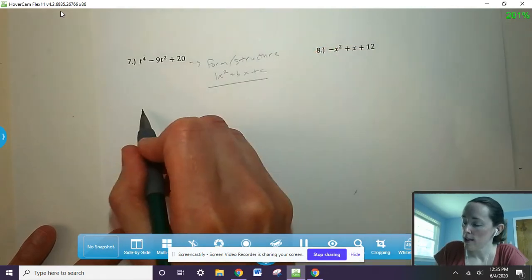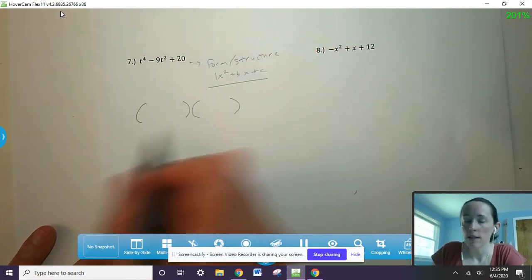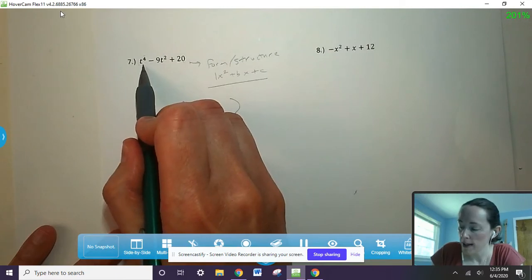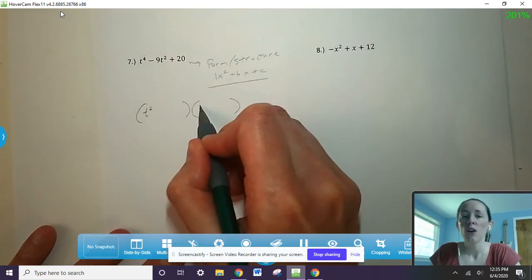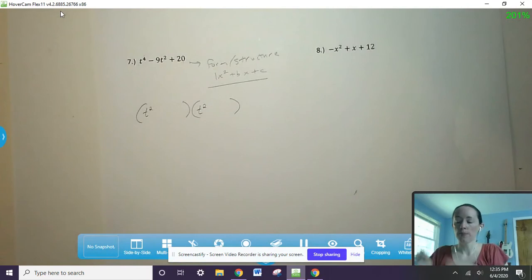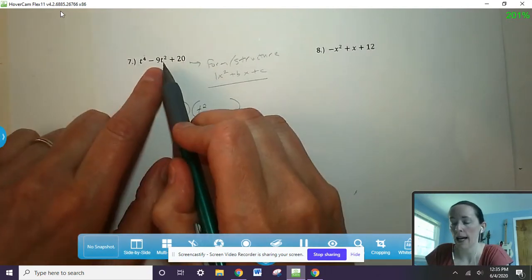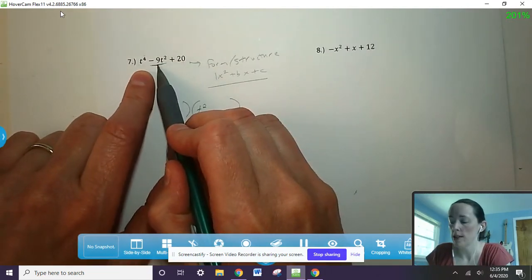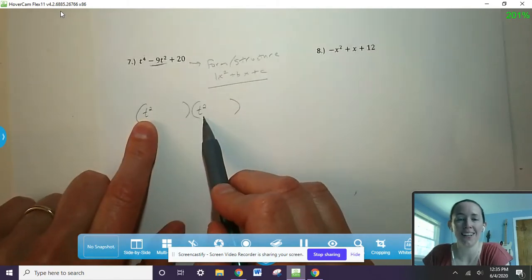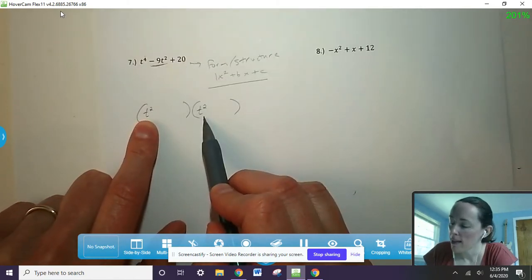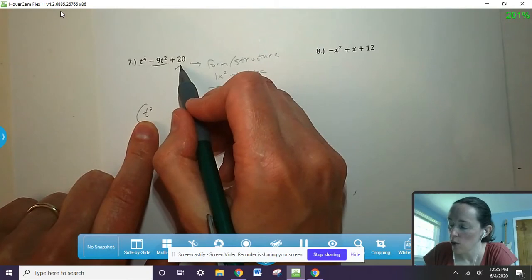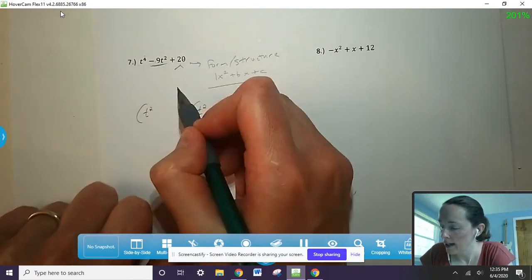So the way we did this is we said, okay, to get t to the fourth, let's break that down into t squared and t squared. We don't want t to the third and t to the first because the outers and inners are supposed to add to this term here. So we want t squared, even though it's not the only way to get t to the fourth. And then we say, what do we multiply to get 20 and add to -9?